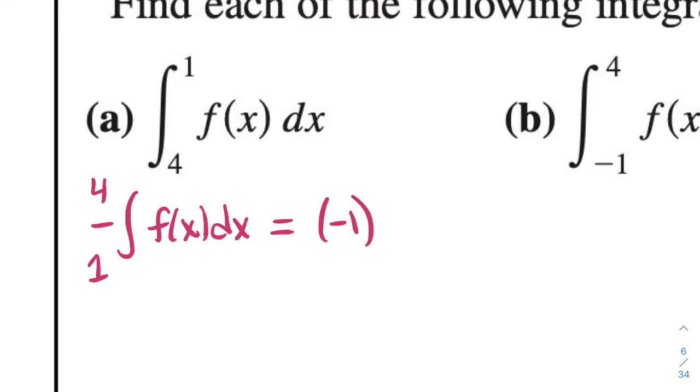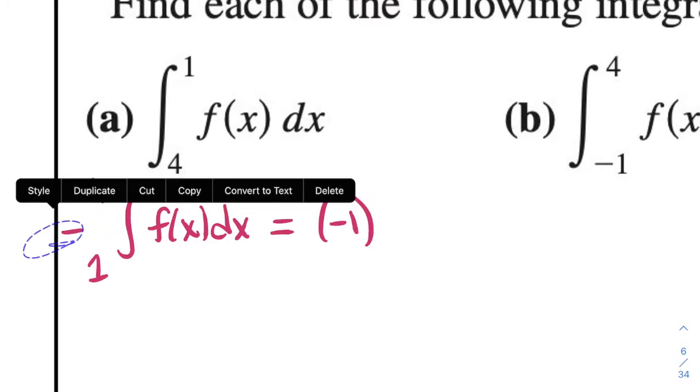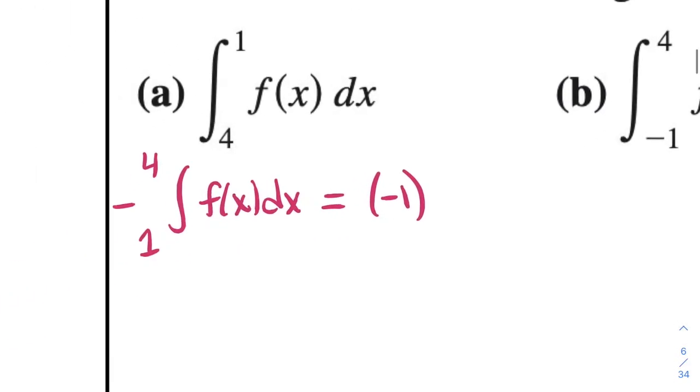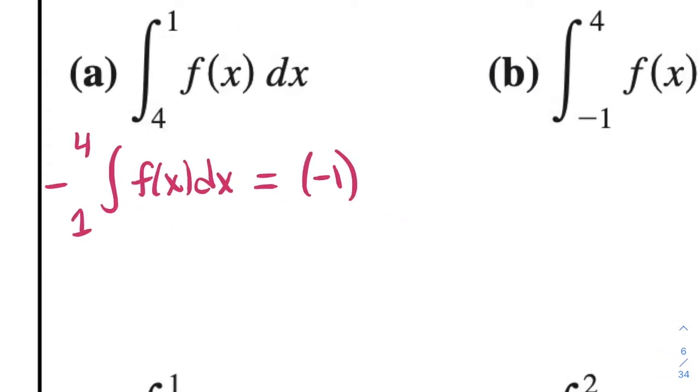Think about that negative as being factored out front. What's happening from 1 to 4? -2. So it's literally that times -2, because 1 to 4 of f of x dx is -2. So I get a result of 2. So the answer to this one is 2. And we're done.